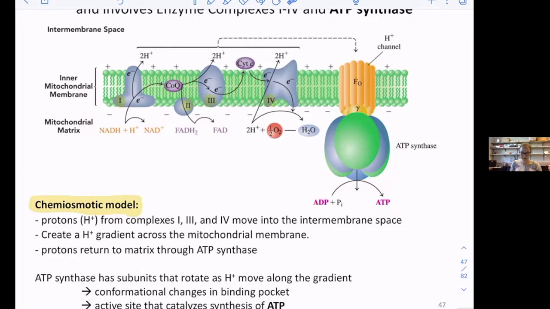ATP synthase has subunits that rotate as hydrogens move along the gradient, kind of like a turbine. As the hydrogen goes through, it makes conformational changes that allow the binding pocket to turn into the active site, and it catalyzes ATP. You go from ADP plus a phosphate to ATP because of the hydrogen gradient.